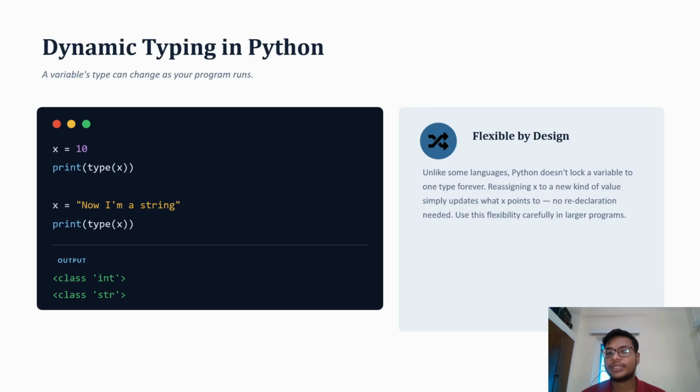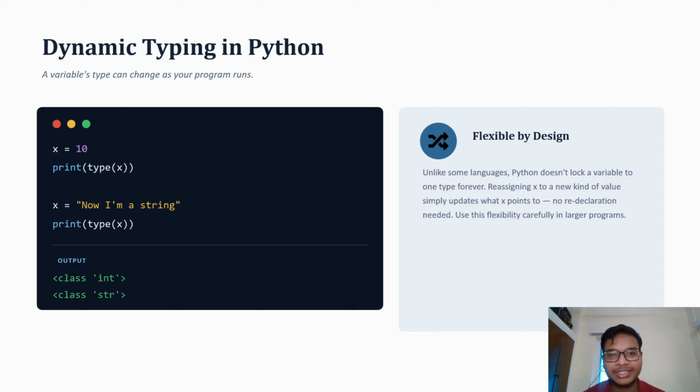That's known as dynamic typing. It's flexible by design. Unlike some languages, Python doesn't lock a variable to one type forever. Reassigning x to a new kind of value simply updates what x points to, so no redeclaration is needed. Use this carefully.